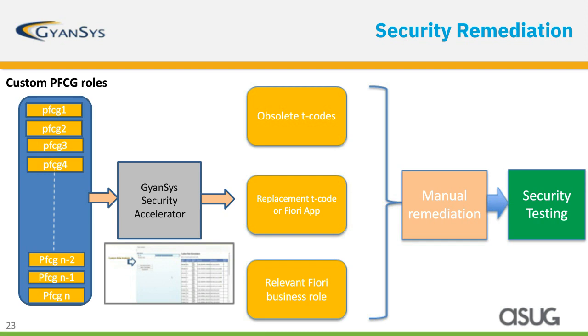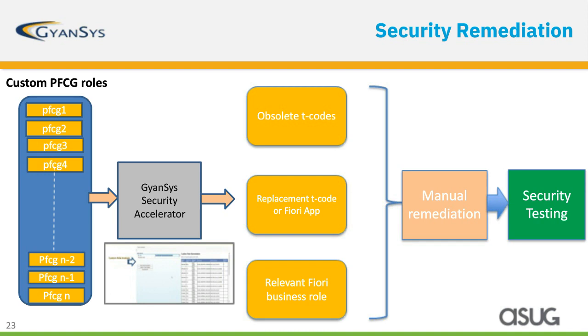If one of the T-codes is getting removed, there could be a suggestion that we can use a Fiori app for that. Depending on the business process, it can also suggest the Fiori business role which we can map for particular business users. For that, we'll do a manual remediation and then a fix. We'll test that during our security testing phase.